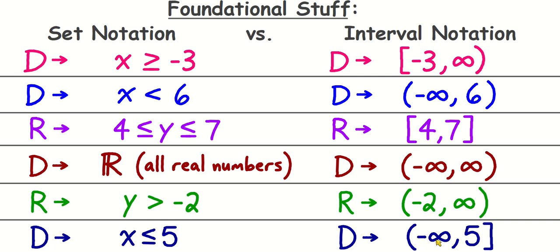And a final point here: you probably caught on already that you always put the smaller number first, then the comma, and then the bigger number. So negative infinity always goes first, so it's negative infinity, comma, 5, and then a bracket on the 5. So that, in a nutshell, is interval notation.